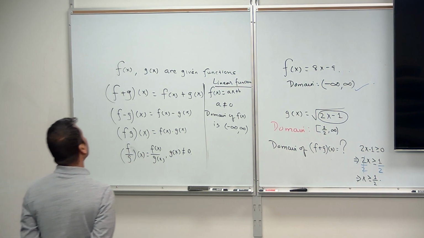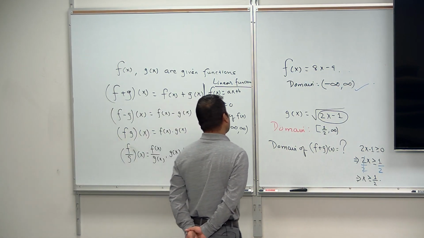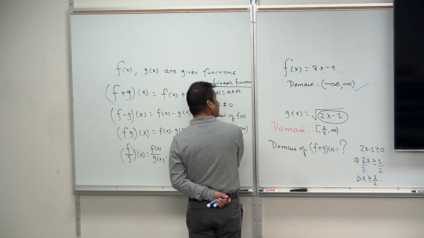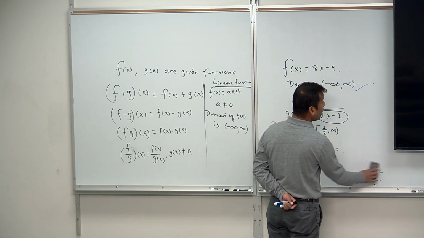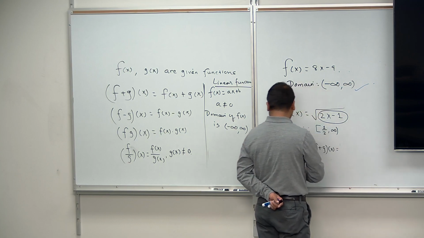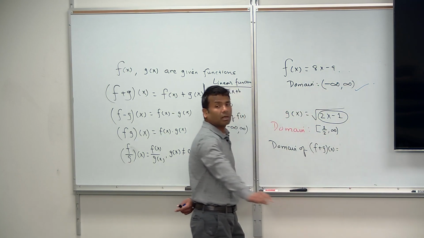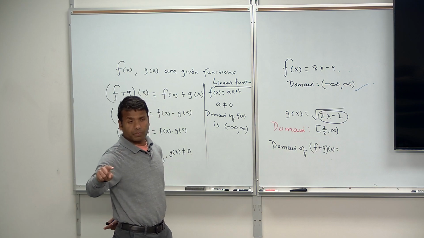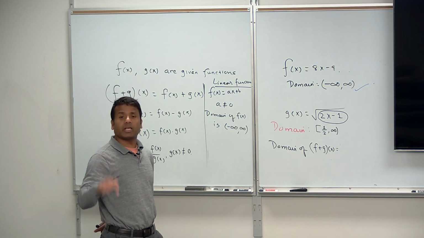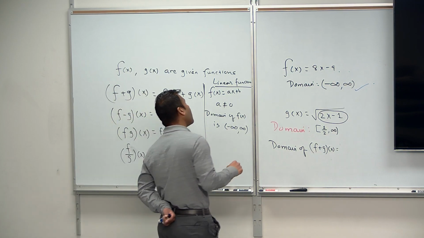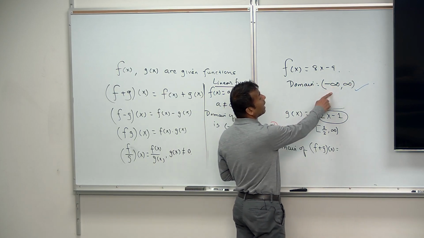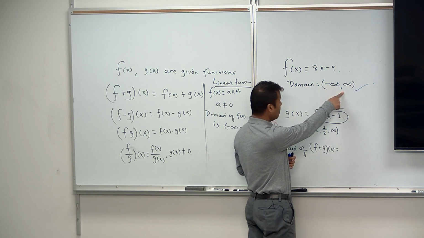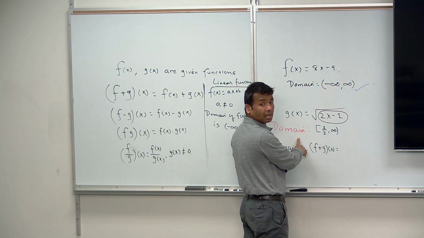So now remember the domain of f plus g, domain of f minus g, and domain of fg includes all real numbers in the intersection of the domain of f and domain of g. So what is the domain of f? Negative infinity comma positive infinity. What is the domain of g?